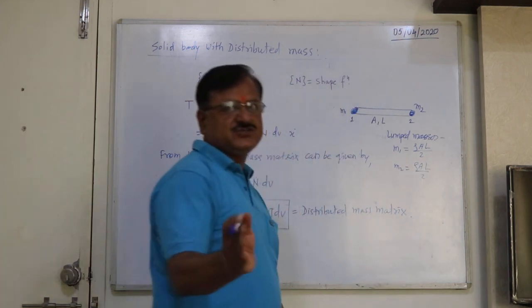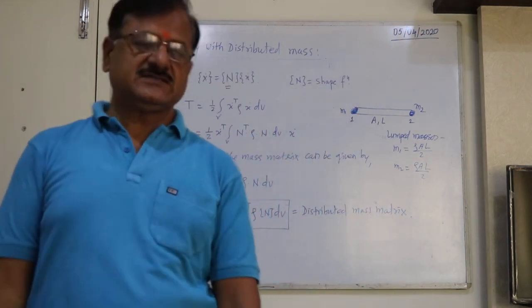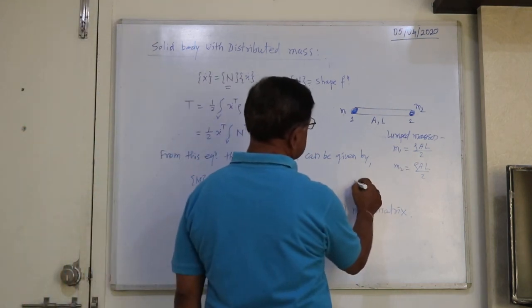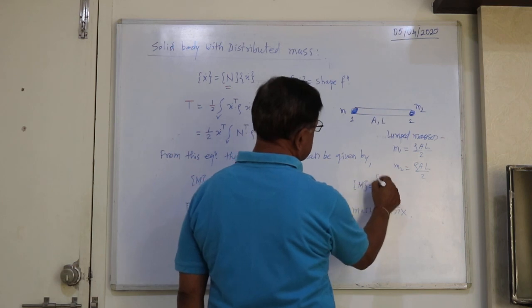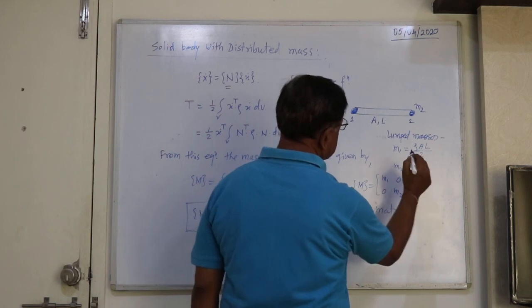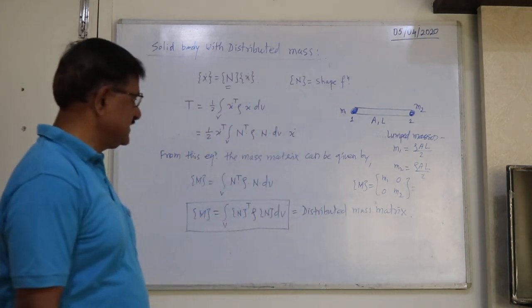So equally it is distributed among the nodes. The masses are equally distributed. So this matrix becomes, say, M1 0 0 M2. So this gives us a lumped mass matrix.